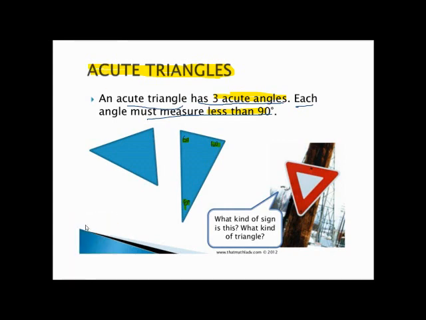Again, another example here. This one as well could be 60, 60, and 60. If we measure it, we can find they are all acute angles. So we name this triangle an acute triangle. They must be less than 90.